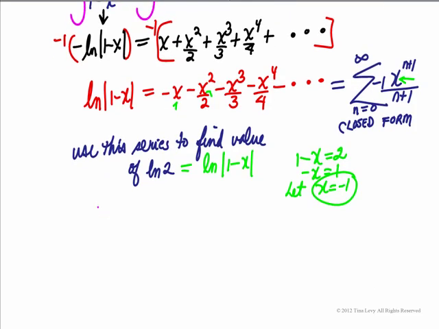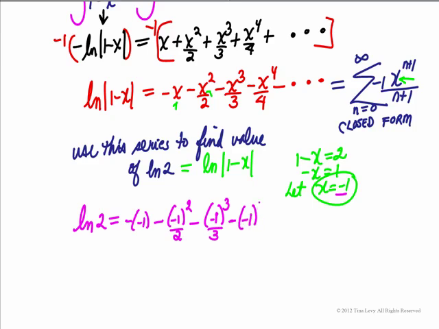This tells us that the series representation for the number log 2 is, everywhere I have x, I'm going to put a negative 1. So it's minus negative 1, minus negative 1 squared over 2, minus negative 1 cubed over 3, minus negative 1 to the 4th over 4, and these are going to go on indefinitely.